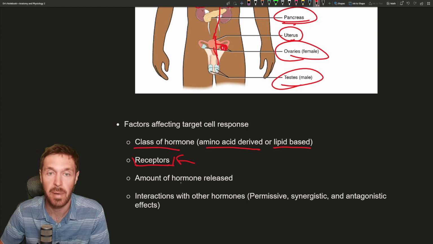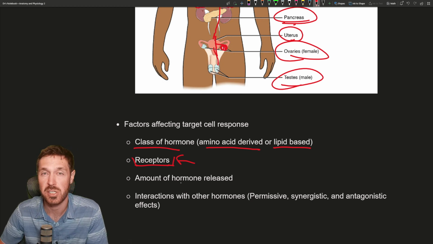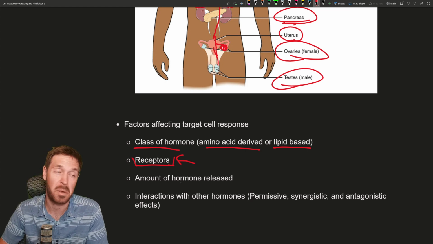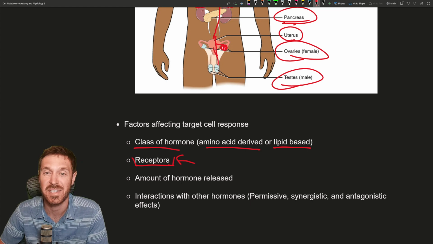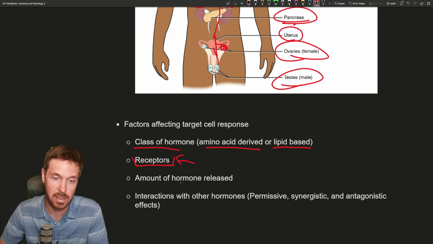And that response can vary depending on the cell. It can activate gene expression and make proteins. It can open ion channels and send a message somewhere else. It could just activate enzymes and so forth. So it can do a bunch of different things, depending on that particular G protein activation.